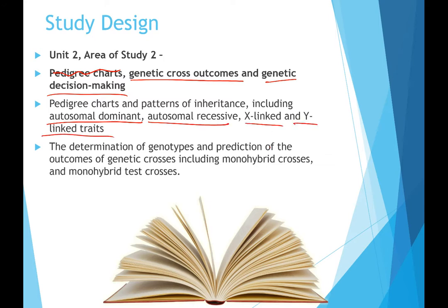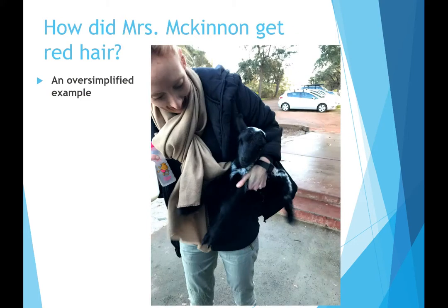And then also the determination of genotypes and the prediction of the outcomes of genetic crosses. So the outcomes, we mean the phenotypes, okay, including monohybrid crosses and the monohybrid test cross, which is a specific kind of monohybrid cross.